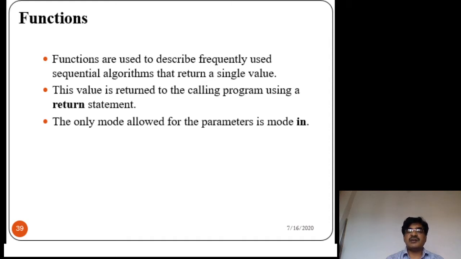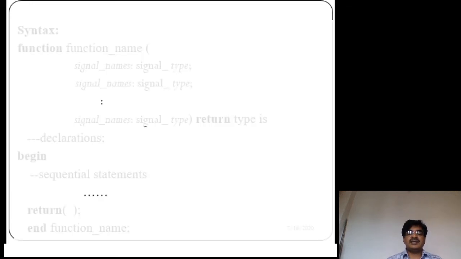In the syntax you can observe the return statement. That return statement sends the single value to the calling program. And in the function, whatever parameters are there, their mode is only in. Then let us see the syntax for the function.